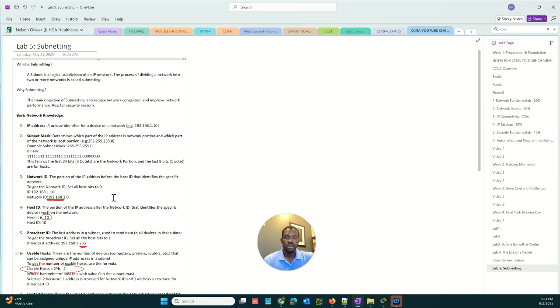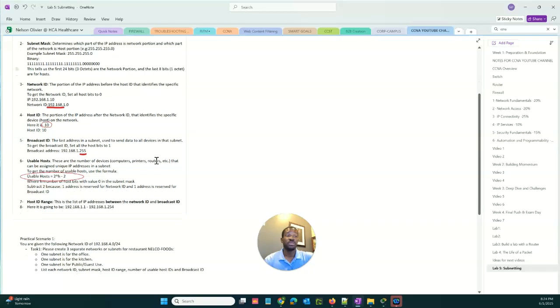In the next lab, we're going to have a practical scenario of how to subnet a subnet. We're going to use this as an example just to give you a better understanding. You are given the following network ID: 192.168.4.0. So this is a network ID /24. Let's assume this is my restaurant that I opened.